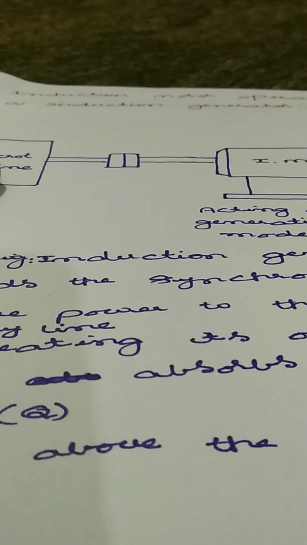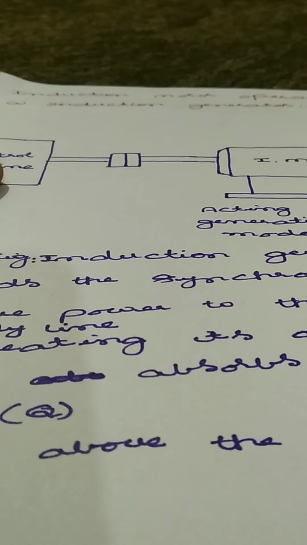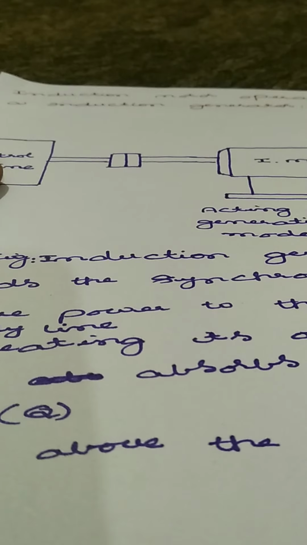Active power is supplied to the grid, and for creating its own magnetic field, it absorbs reactive power Q.